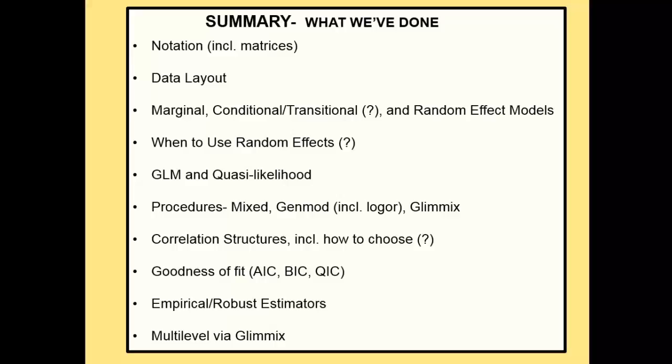You might think that maybe they wouldn't if GlimMix is using an approximation. But when you put in a linear model in GlimMix, GlimMix doesn't use that linear approximation. It basically just does mixed with that model. So GlimMix and mixed are really the same if you have a linear model. There's no difference between them.